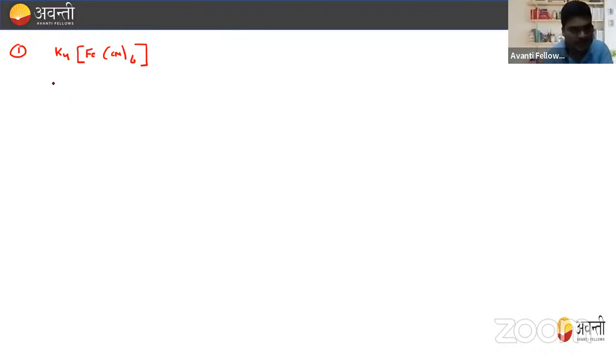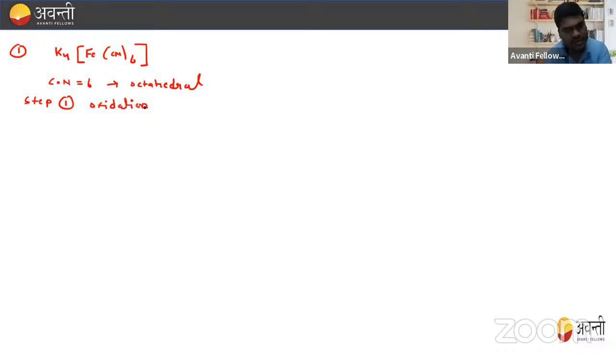One important note here: the coordination number is 6, so it indicates that the structure is octahedral. In step 1, always calculate the oxidation state.